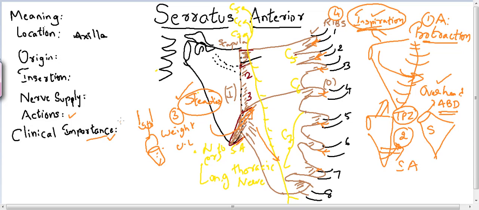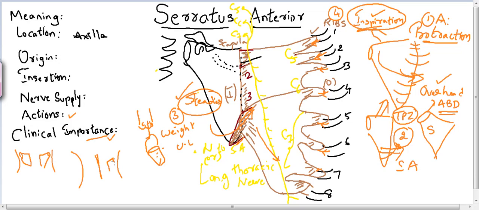Moving on to the clinical importance, damage to this long thoracic nerve causes winging of scapula. If you see any person's back, normally the scapula is not visible clearly, because the medial border of the scapula is kept in place by serratus anterior. In a person who has got damage to the long thoracic nerve, the medial border of scapula is unduly prominent.